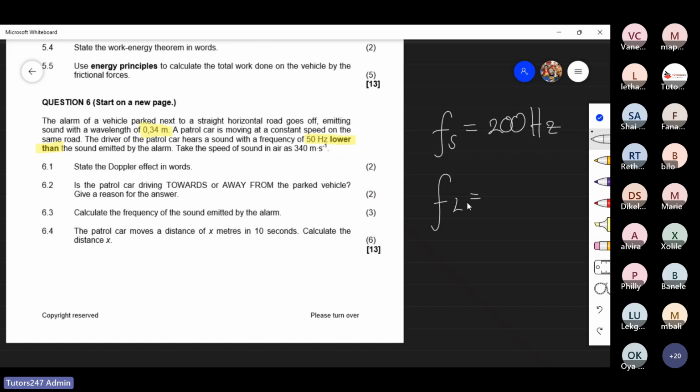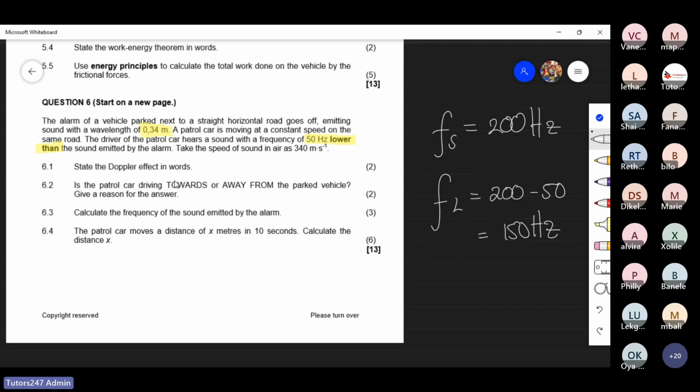It does not mean that the listener is hearing a sound of 50 hertz. When they say lower than, it implies that it is 50 hertz less than the original, meaning that it is 200 minus 50, which gives you 150 hertz. Keep in mind, these are not the actual values of the question that we are doing. This is just an example.